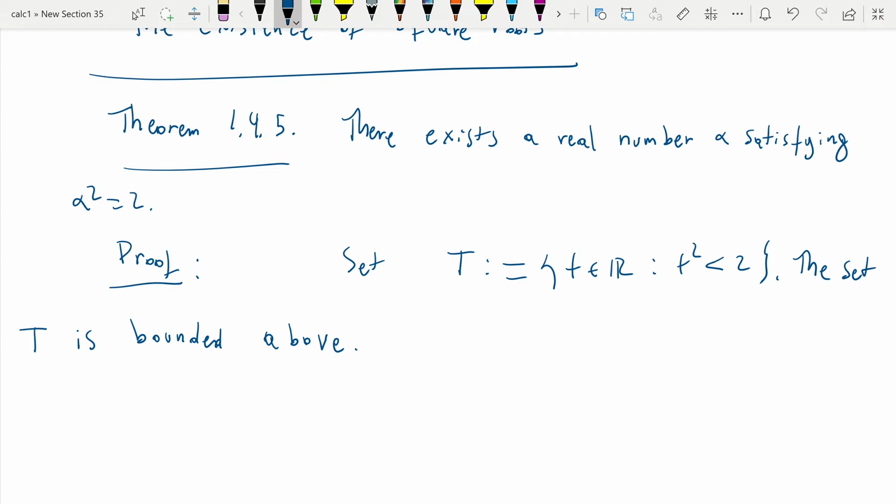Why? Well, you can go and review the material from previous weeks to find out why, if you don't remember. But the set is bounded above. And since it's a subset of the real numbers that is bounded above, then we must have that there is a supremum.